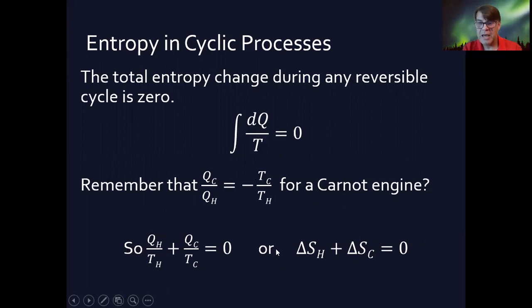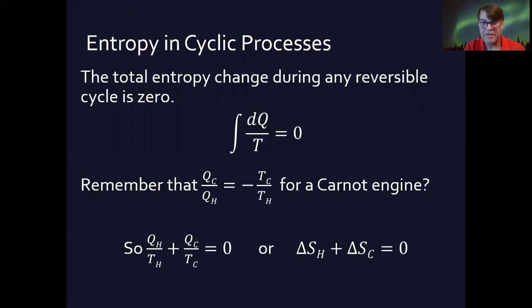But we've defined Q over T as delta S, right? So at this hot temperature, this equals the change in entropy hot, and this equals the change in entropy cold. And so basically, the change in entropy at the hot point is going to equal, because it's negative, the change of entropy at the cold part.